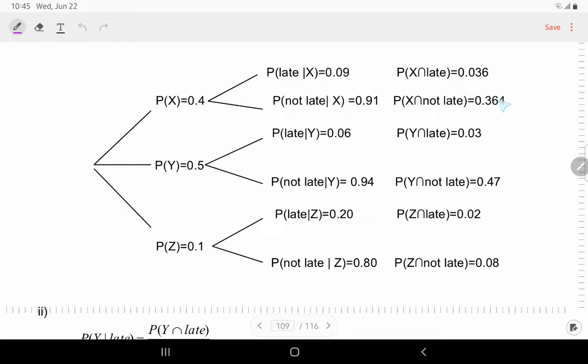Okay, untuk probability of Y late, okay, Y late 0.03, Y not late 0.47, Z late 0.02, Z not late 0.08. Okay, so this is our tree diagram lah untuk soalan tu.